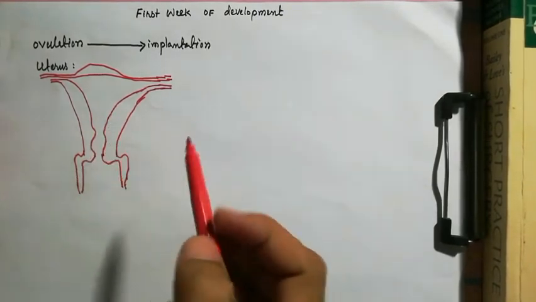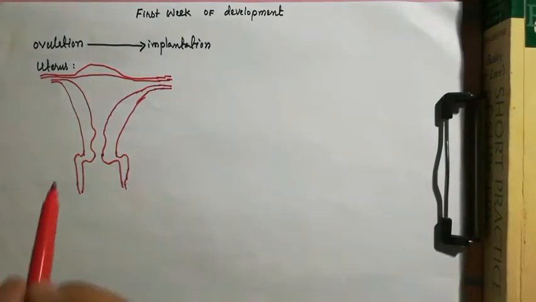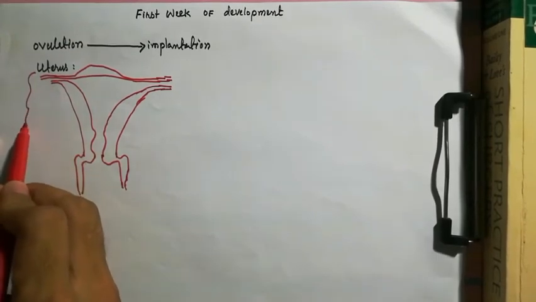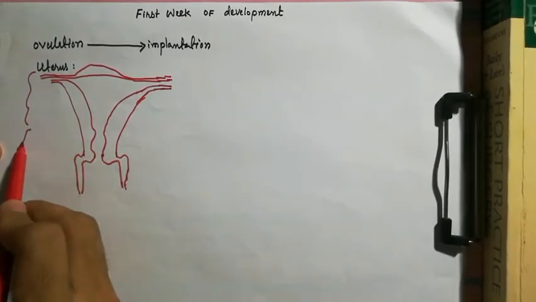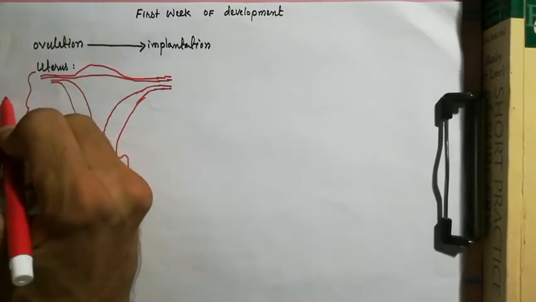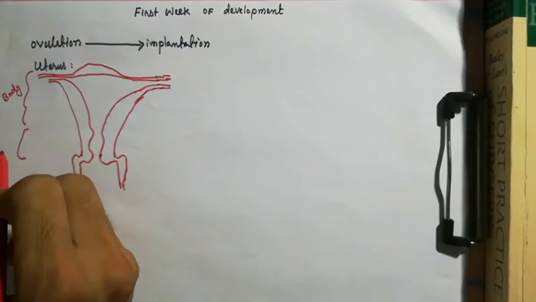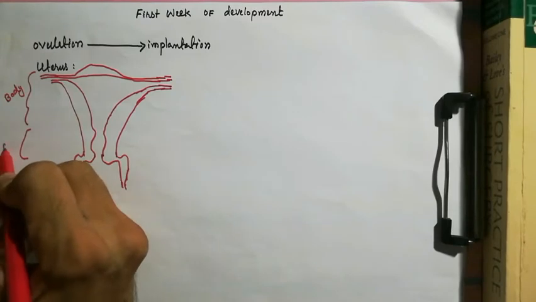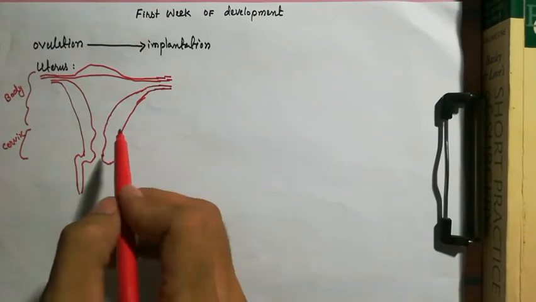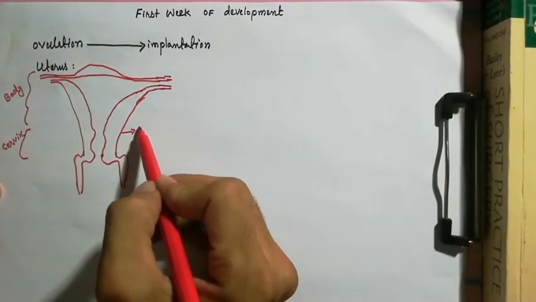This is uterus. Uterus is divided into two parts, upper 2/3 and lower 1/3. Upper 2/3 is body of uterus and lower 1/3 is cervix of uterus. And the junction between body and cervix is isthmus.